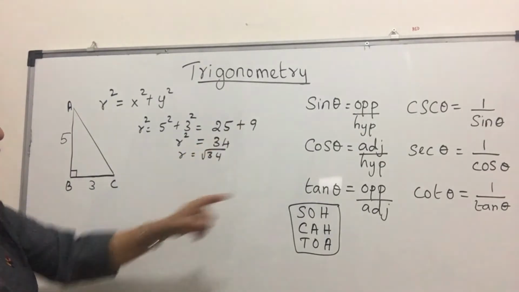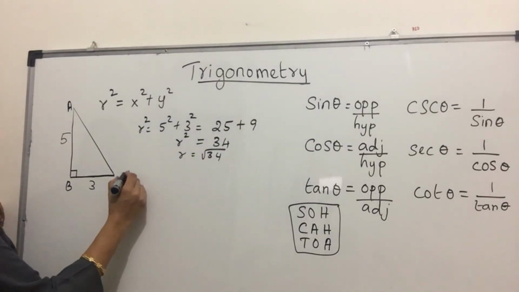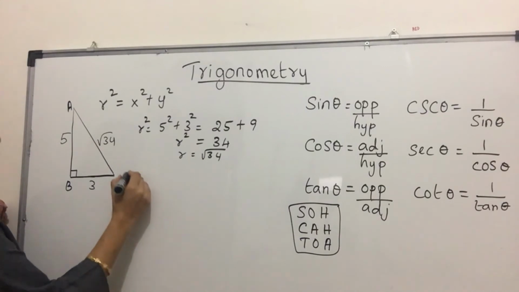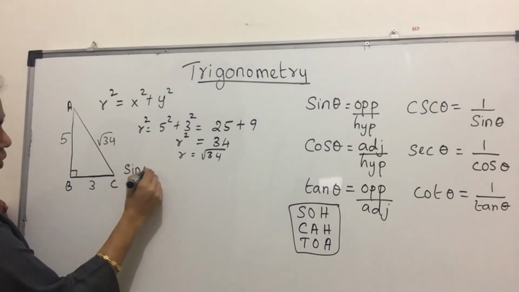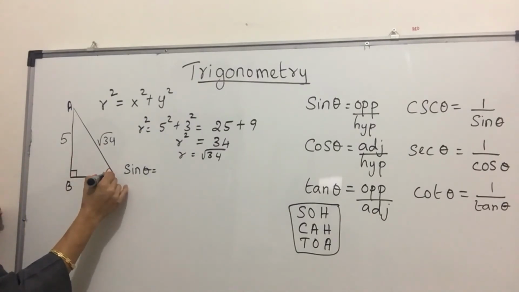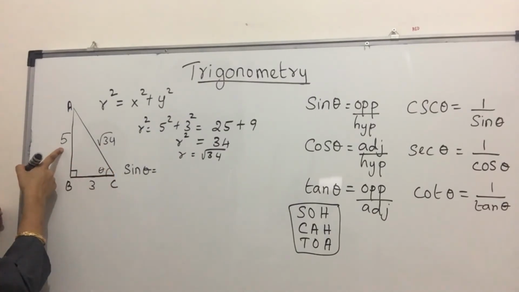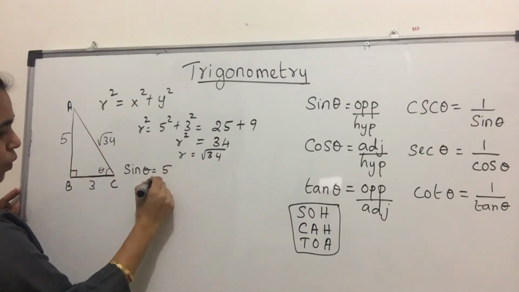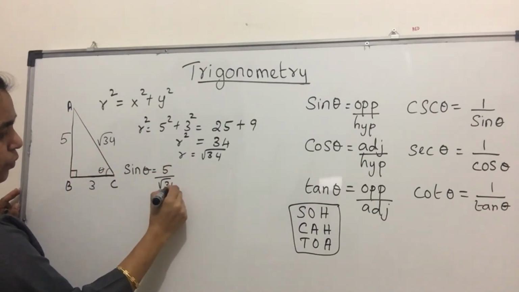Now let's write the trigonometric functions. You can replace the hypotenuse here with radical 34. Sine theta is equal to opposite over hypotenuse. The opposite is 5, so 5 over radical 34.